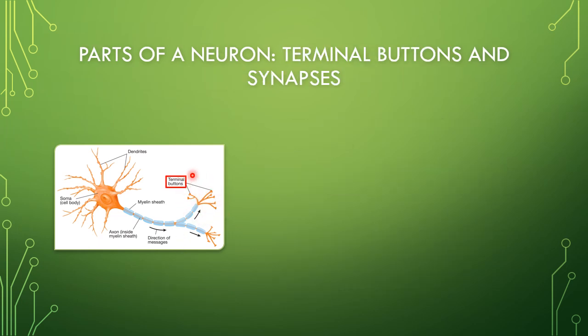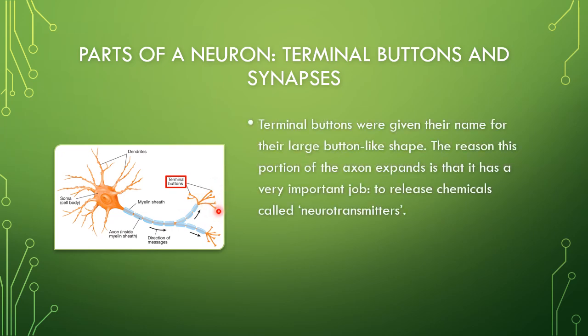The last thing that we need to go through on our tour of the neuron are these terminal buttons. The terminal buttons were given their name because of the shape that you can see here. You can see pretty clearly that the end of them looks like a big, broad button. The reason it looks this way is that this is where a lot of machinery is housed, because the terminal buttons have a very important job.